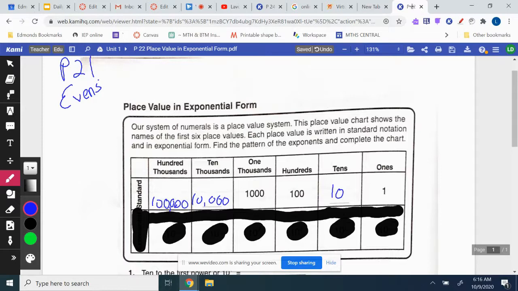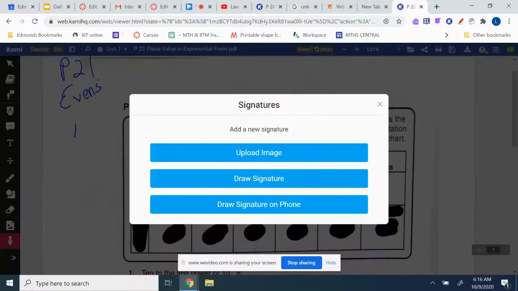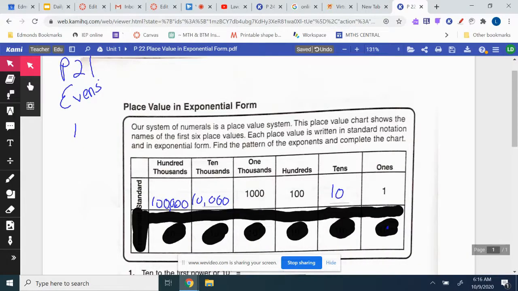If I have 1 and I don't multiply it by any tens, and we're going to learn about the exponent form, so that'd be 0 tens, so that's just going to be 0.